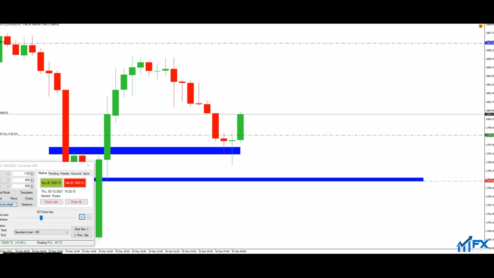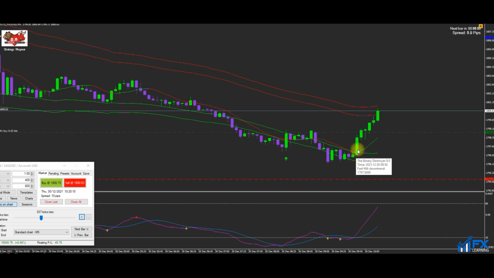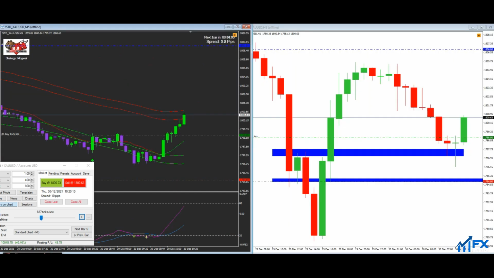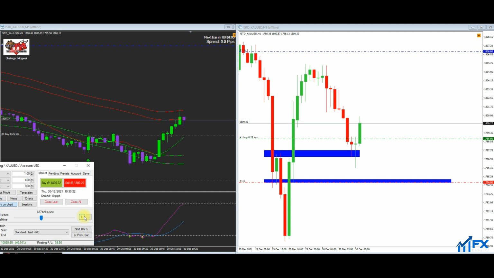So good little trade. If we go back to the 5 minutes as well, look at the bullish momentum on the 5 minutes. Look at the size of this engulfing candle, and look how much price has pushed up from this level here as well. So this is a great trade, and we'll just allow the trade to do its thing.